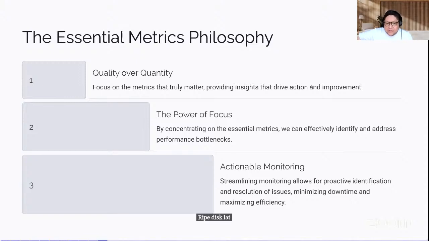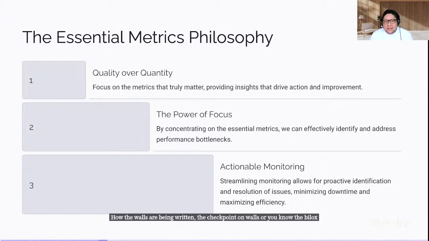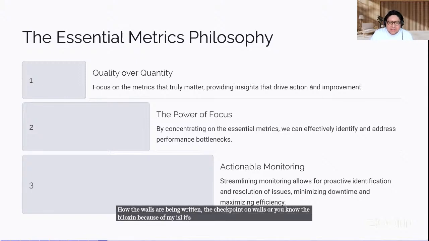That will become relevant later, or around how the WALs are being written, the checkpoint on WALs, or in other logs in the case of MySQL. It's for execution, everything around the query.